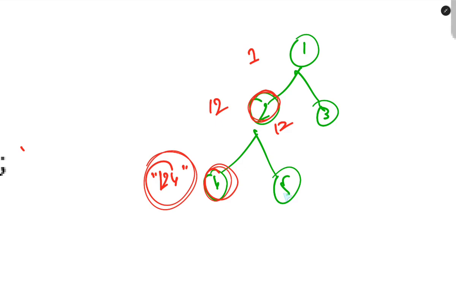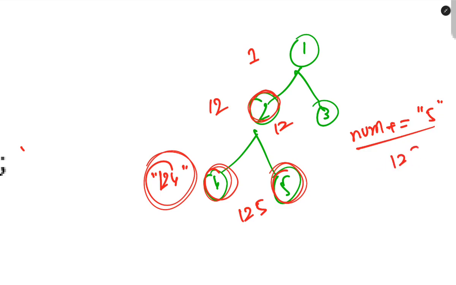When I go to 2's right child, the first statement of the new recursion call will say, hey, this is the new node, right? So I will say 1, 2 and 5. First I will insert this value in my string, so 5 will be added to my string, whatever number it is.